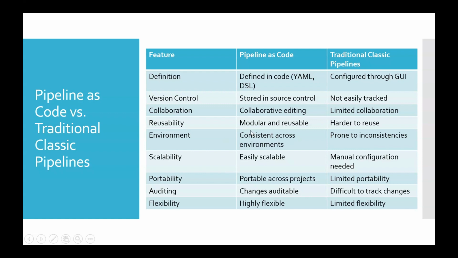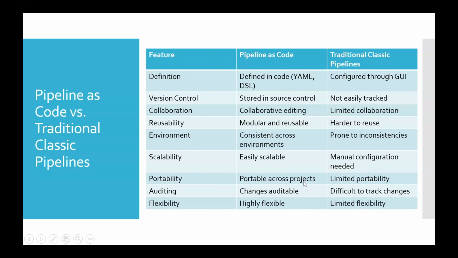So whatever changes you make in the template will be applicable across the environments. But in case of classic pipelines, that won't happen. This is easily scalable, but classic pipelines are manually configured. You'll have to modify things manually.